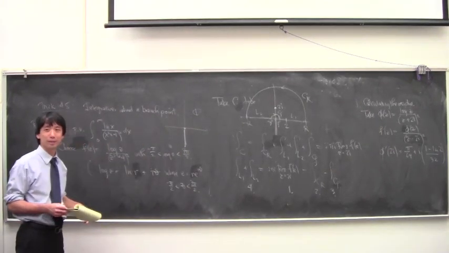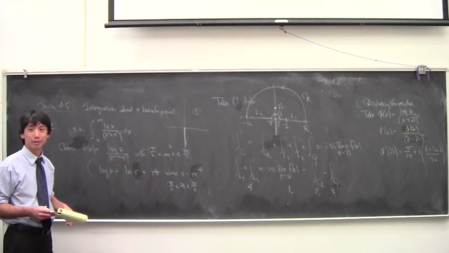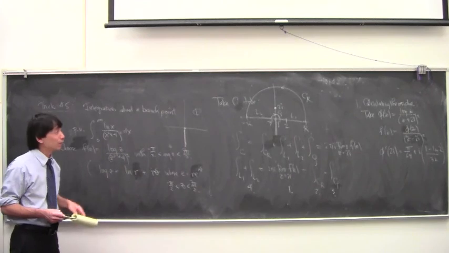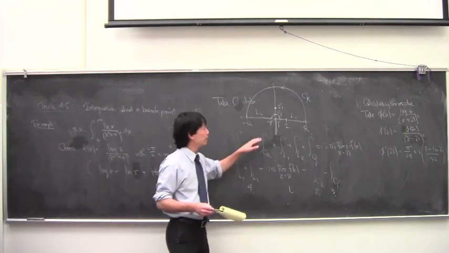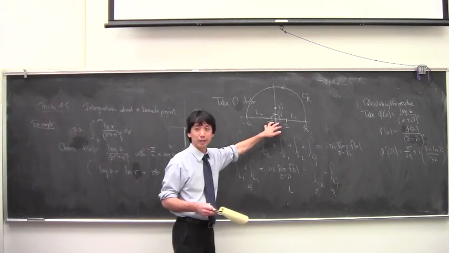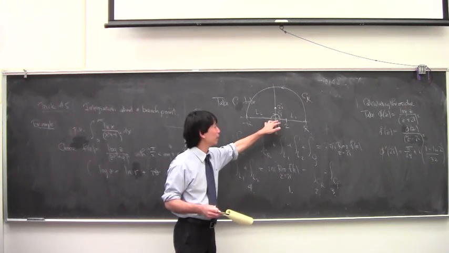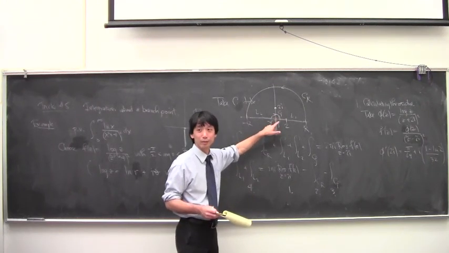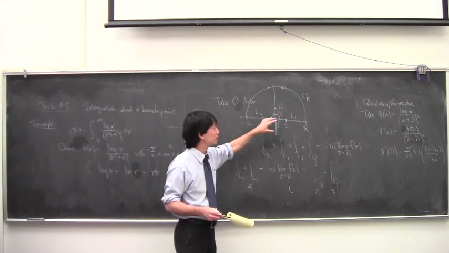It seems like it's the same sort of behavior as taking 1 over something. Yeah, but no, it's not an isolated singularity. Your function is not analytic around 0. If you look away from 0, your function is not analytic there.